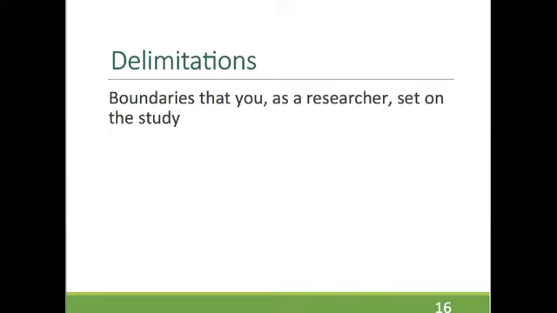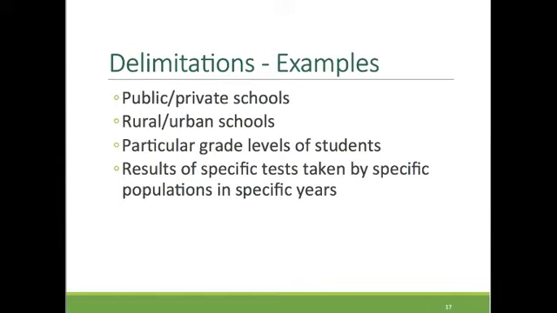The next section is delimitations. These are boundaries that you as a researcher set on the study, and you can see examples of delimitations in the example paper on page 14. Here are some examples of delimitations. For instance, you as a researcher decide that you're going to include public schools but not private schools in your study.